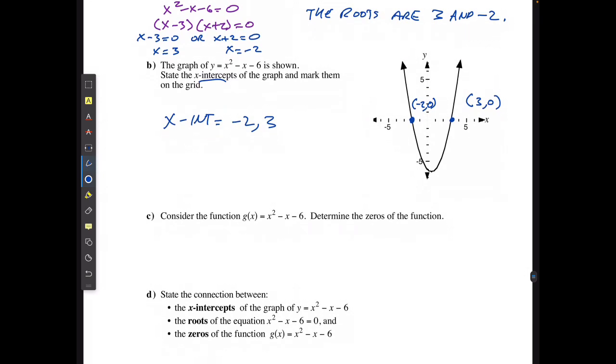If I'm determining the zeros of this function, anytime it asks for the zeros, I'm going to take the dependent variable and replace it with 0. 0 is equal to x squared minus x minus 6, and then I would factor it down, (x minus 3)(x plus 2), so either x minus 3 is equal to 0, or x plus 2 is equal to 0, and x is going to equal either 3 or -2.